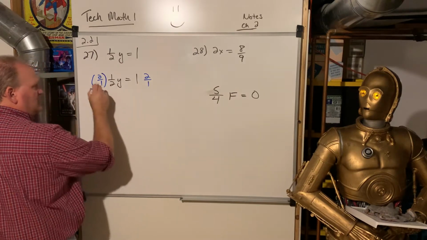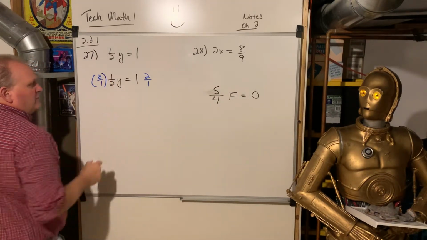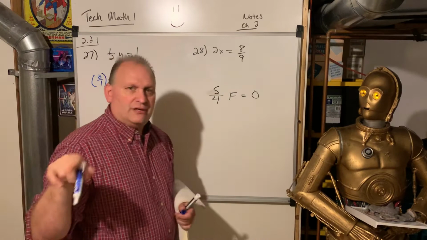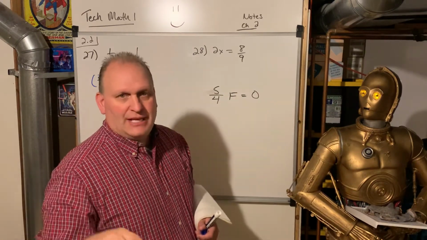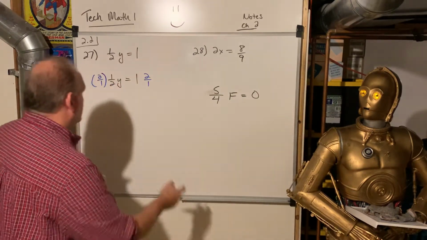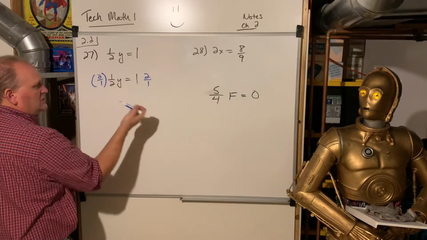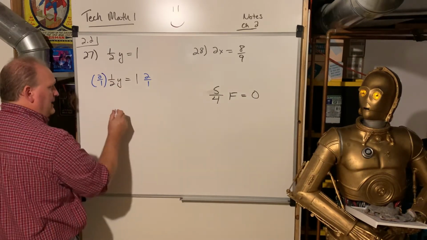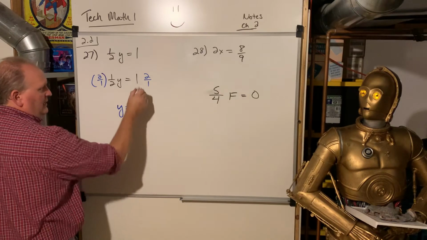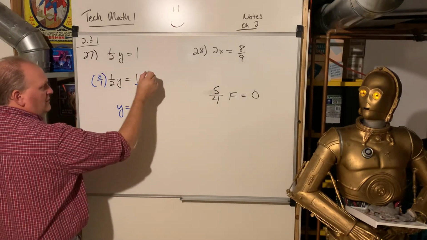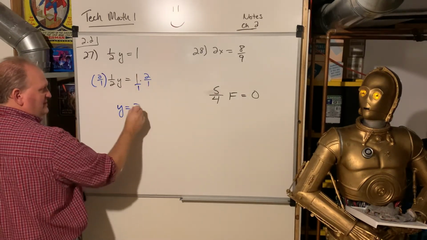And then what happens? Well, top times top, bottom times bottom. When you're multiplying fractions, numerator times numerator, denominator times denominator, and then reduce. So look, this becomes 2 over 2, which is just 1. So that's 1y, which is what we wanted. And that is 2 over 1 times 1 over 1, which is just 2.